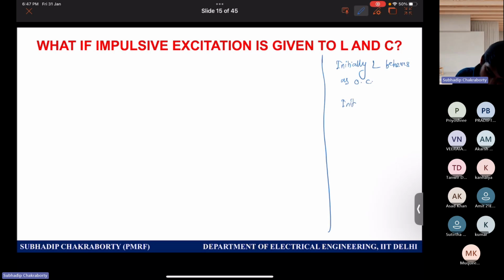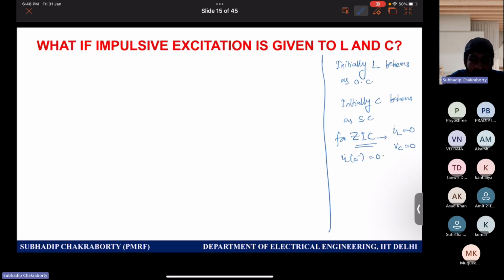Similarly, initially, analogous to this, capacitor behaves as short circuit, because for zero initial condition, it means for inductor current was zero, for capacitor voltage was zero. So if it was initially so, I can write it like this: IL(0-), just before switching it was 0, or VC(0-), just before switching it was 0, then also after switching it will be 0.